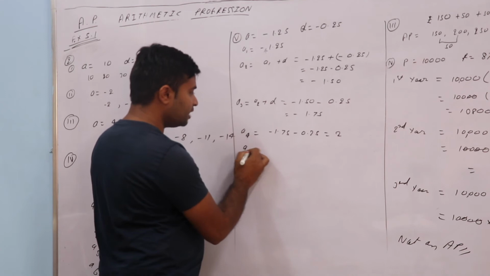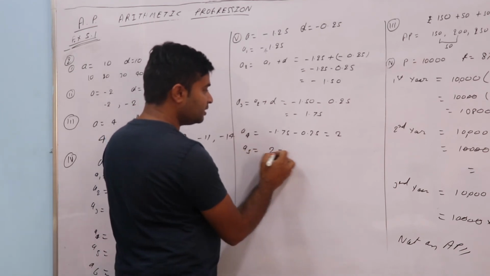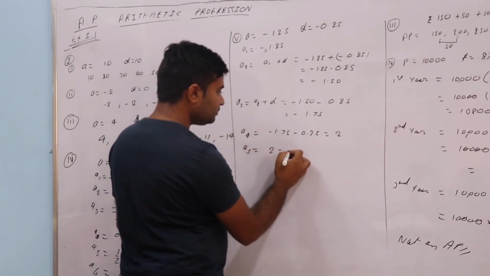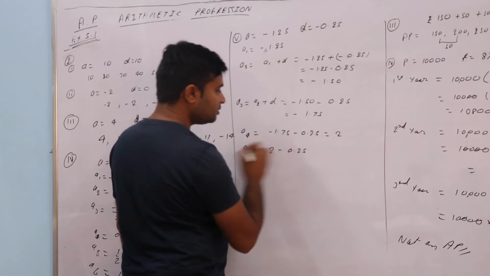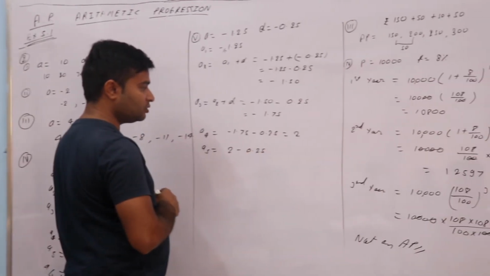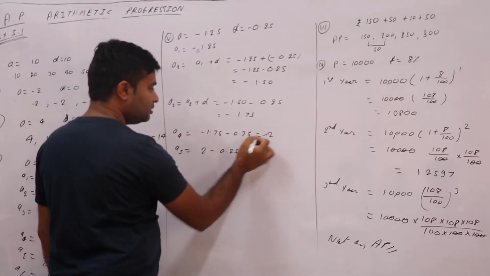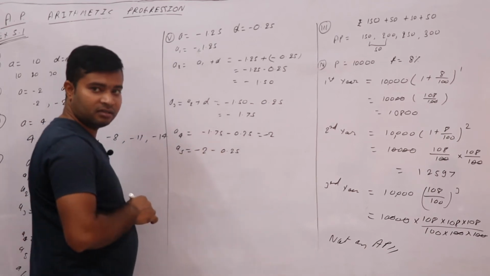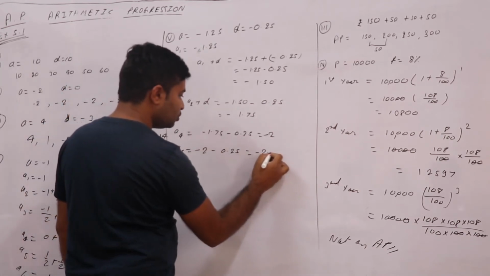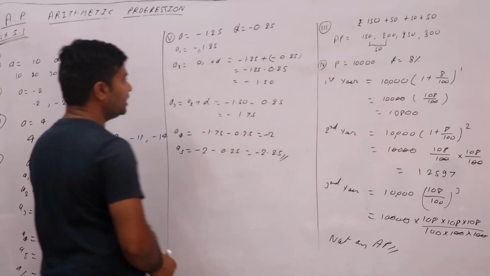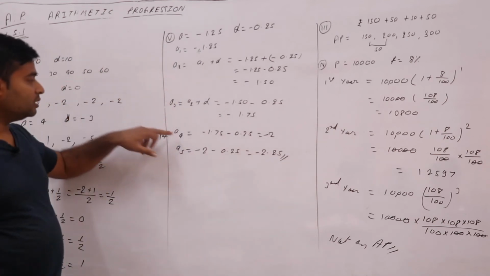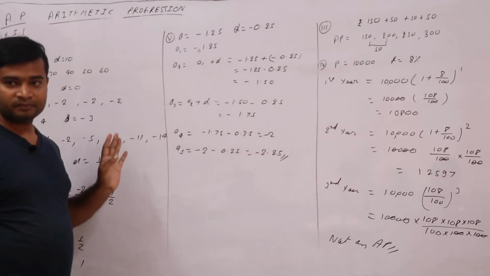Next, A5 is equal to minus 2 minus 0.25, which means minus 2.25. We get the 4 terms: 1, 2, 3, 4. Done? Copied?